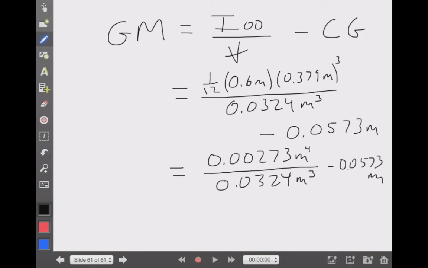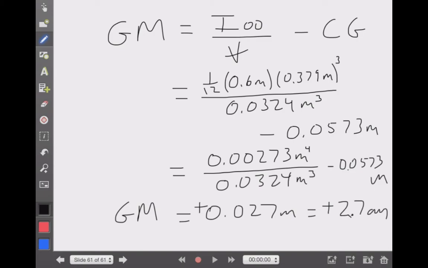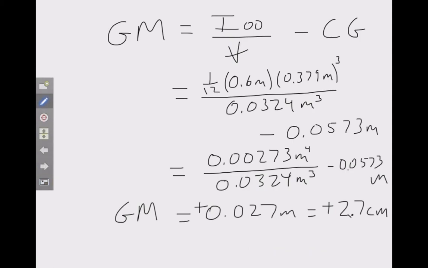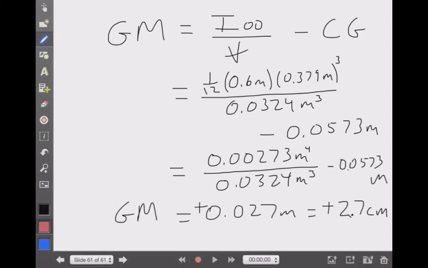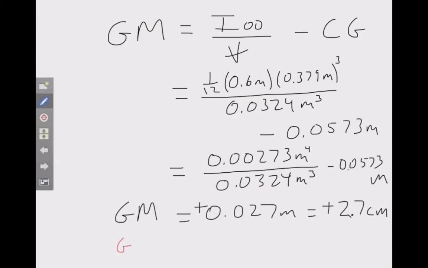And what we get for this value of GM in this case, when all is said and done, is 0.027 meters, which is equal to plus 2.7 centimeters. And we can see then that GM is positive, which implies that the object is stable now. So that's it. That's how we do that problem.